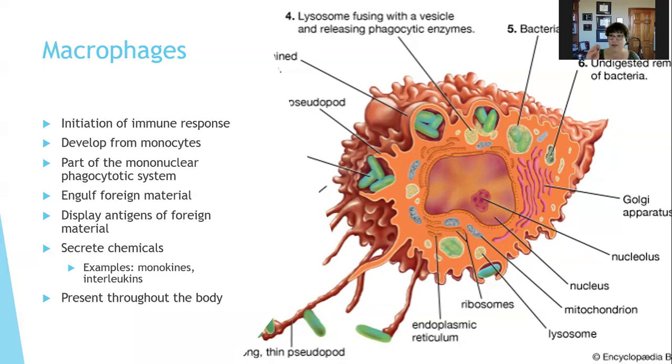So they go, okay, I found this new thing. Do you recognize it? The immune system's like, I don't, maybe yes, maybe no. And we'll see about how they recognize it later. Besides displaying antigens, they also secrete chemical transmitters, monokines and interleukins.